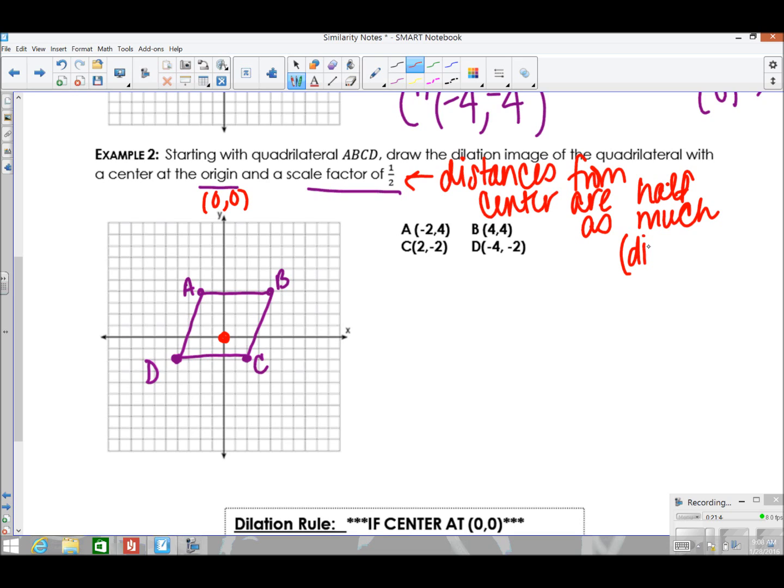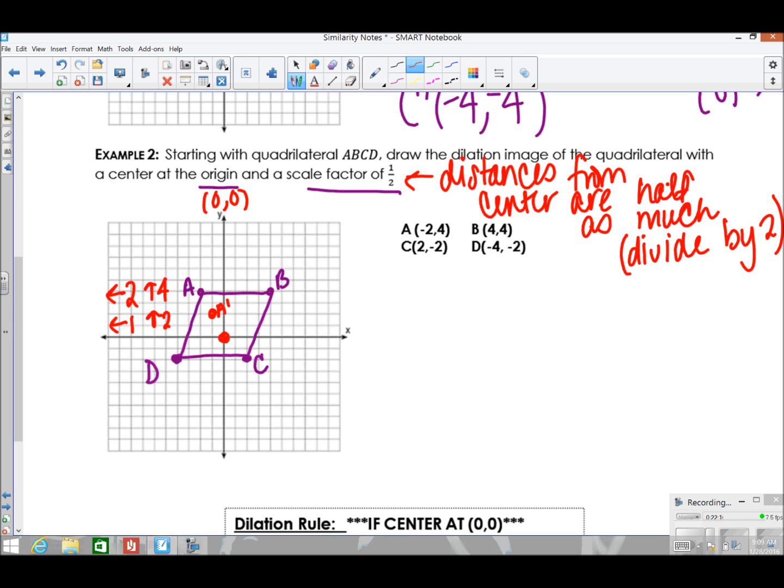So divide by 2 for the distances. So what I'm going to do is count from the center to A was left 2. So I went left 2 and then up 1, 2, 3, 4. So half of that would be left 1 up 2. So left 1 up 2.